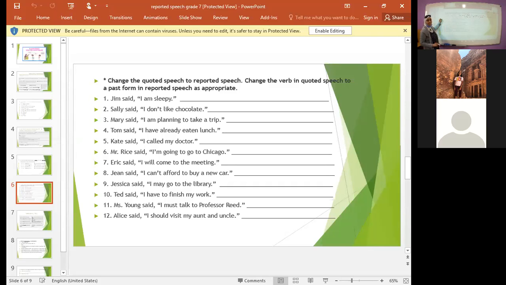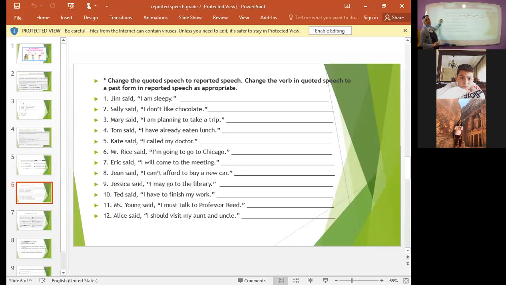We'll do two more sentences. Jude, are you there? Yeah, I'm here. So sentence 4 is for Jude, 3 for Muhannad. Come on, Muhannad. Mary said, "I am planning to take a trip." We keep "Mary said." Don't change it. Mary said that she was planning to take a trip.